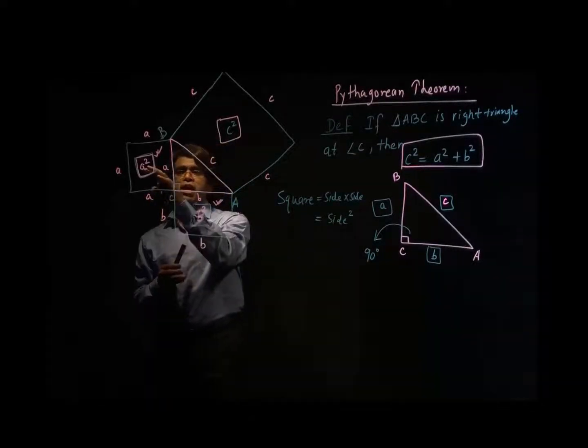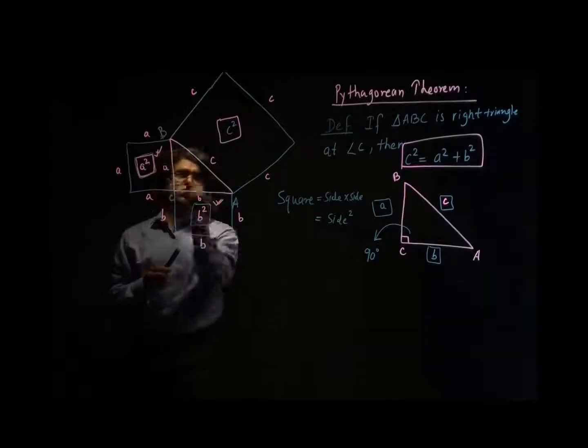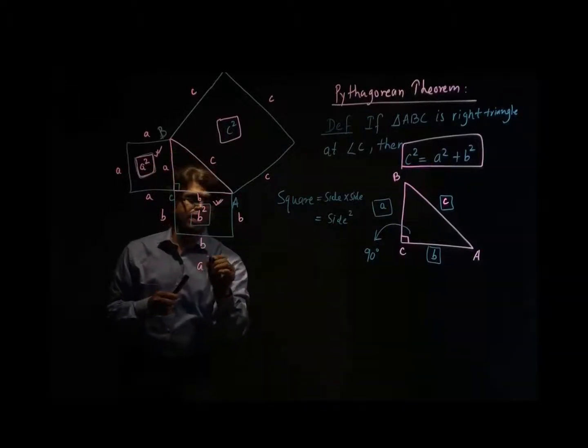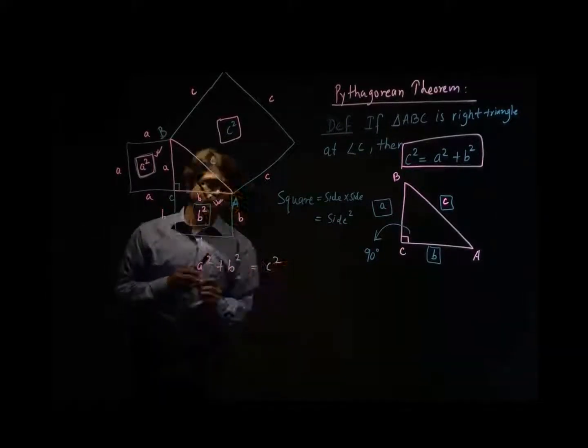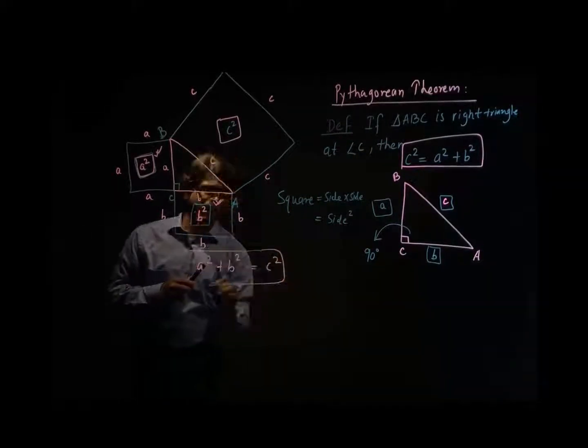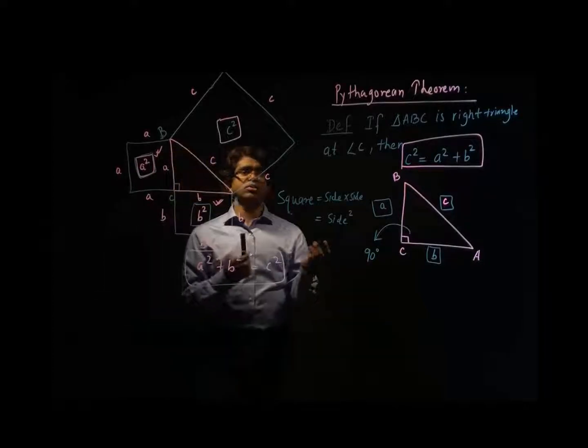The area of these two is a squared plus b squared, and that is equal to c squared. This is the way the Pythagorean theorem works.